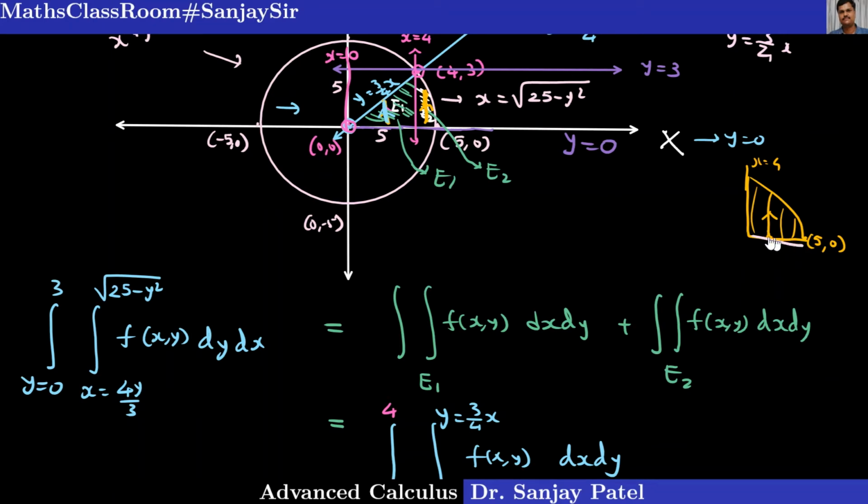This curve is the x-axis, whose equation is y is equal to 0, and the upper end is this circle, whose equation is x is equal to square root of 25 minus y square, which I can write as y square is equal to 25 minus x square. So I will get y is equal to square root of 25 minus x square.